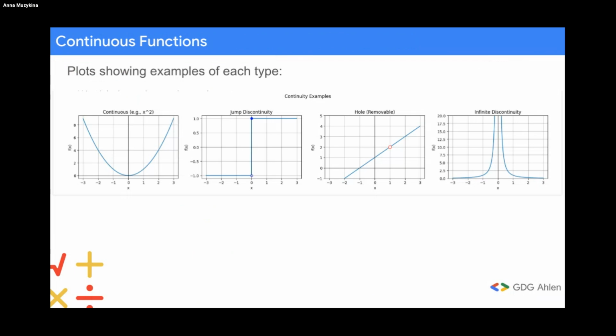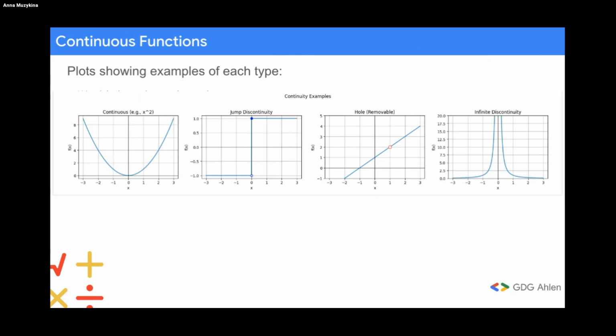Plot 3 hole. We plot y equals x plus 1, but add an open red circle at the point 1, 2. This represents a function like, which has a hole at x equals 1.